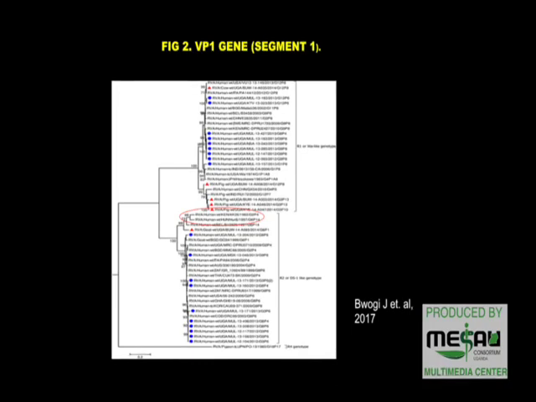So this human sample here is clustering with a goat sample, this is a goat sample from Bangladesh. So this could indicate possible zoonotic transmission. Although this goat sample, when we looked at this gene, is also a bit similar to humans, here we say maybe there's a possibility of zoonotic transmission.